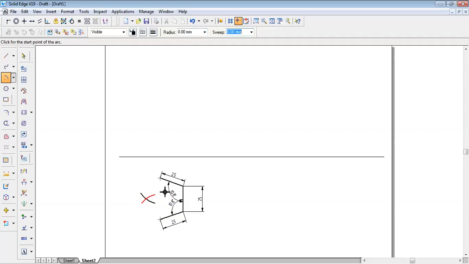Then mark 25 like this and complete the figure. So like this, you can draw the pentagon. This is how you draw it in the book.